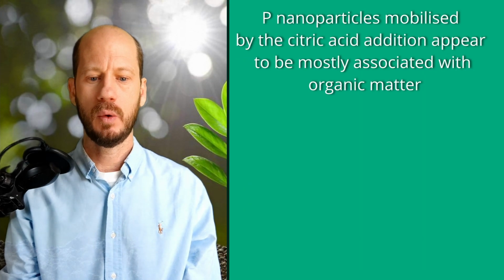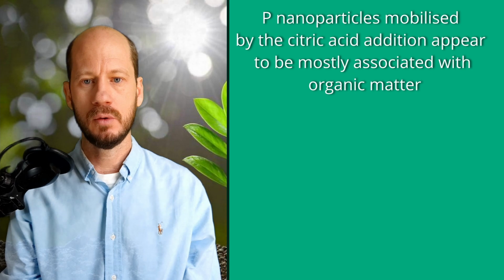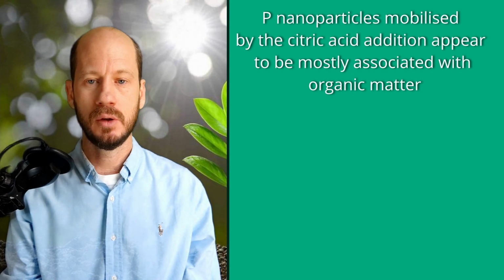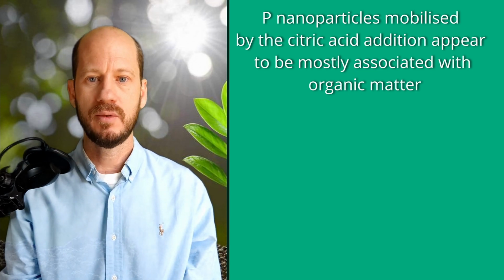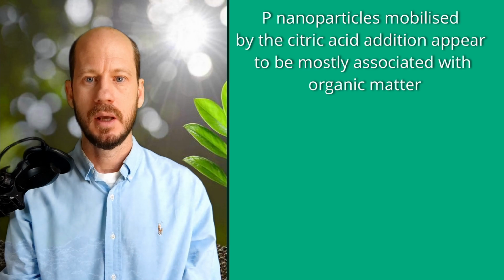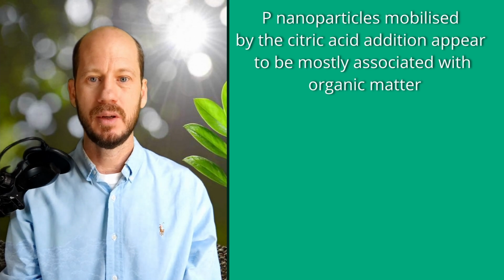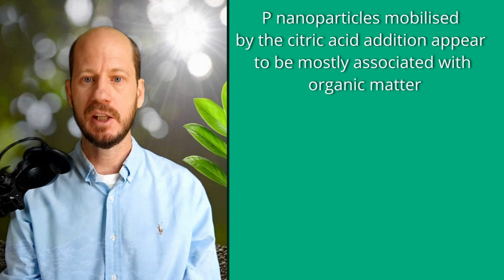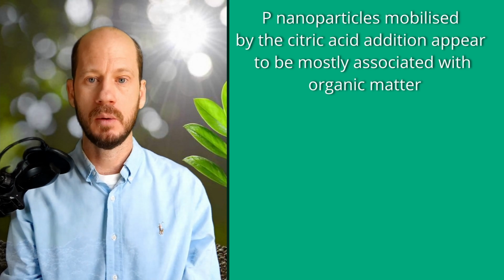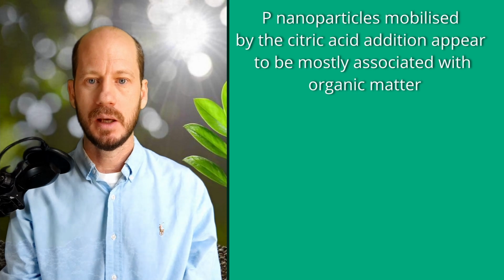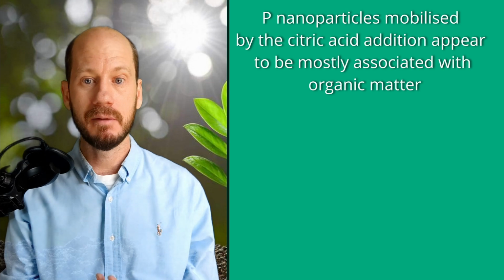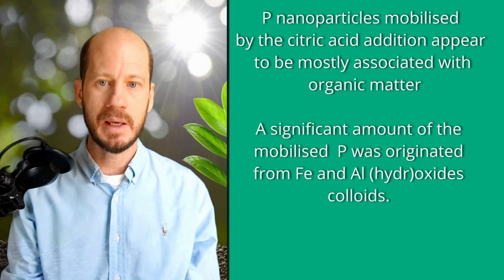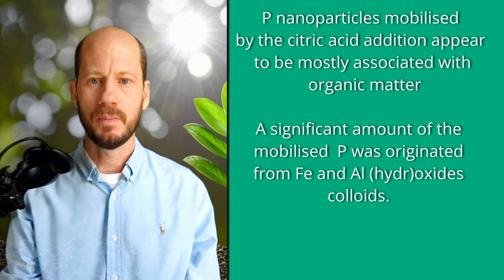So just to conclude very quickly, our findings show that in this soil specifically, the nanoparticulate phosphorus is organic, and there is a slight response of this to citric acid, but not very high. It's a water-soluble phosphorus, but the desorption of this phosphorus could mean that it's being made available for enzymes to hydrolyze this organic phosphorus.